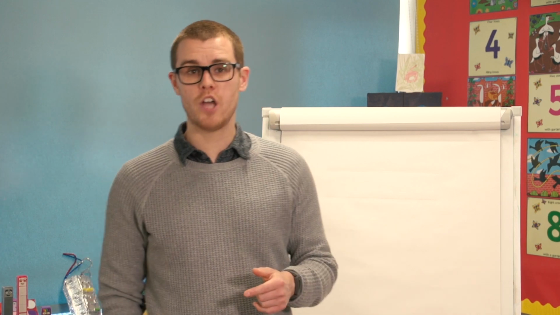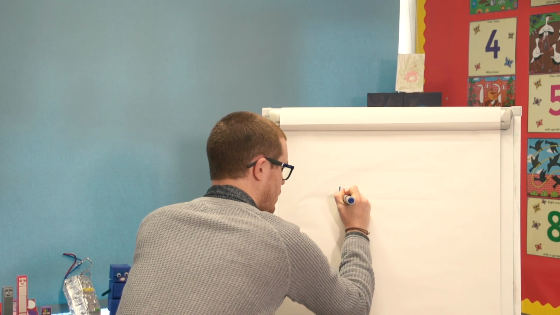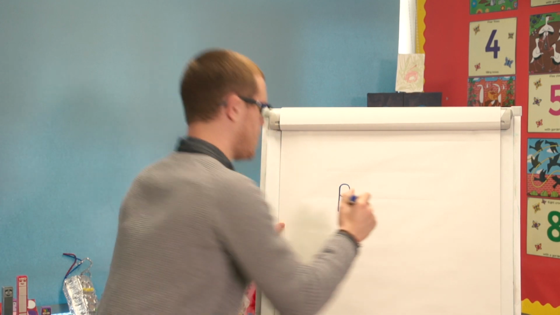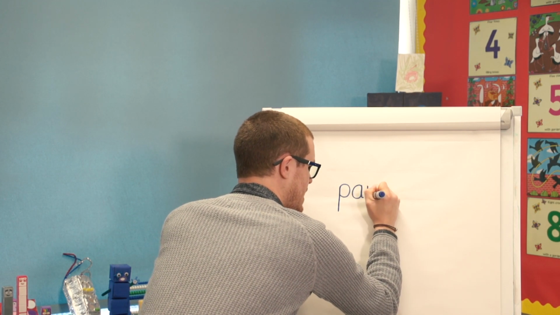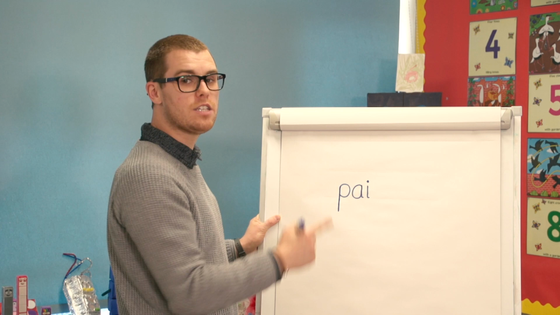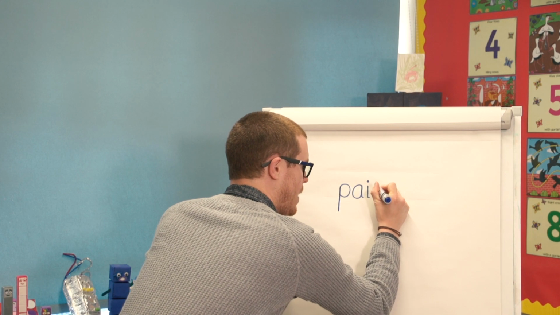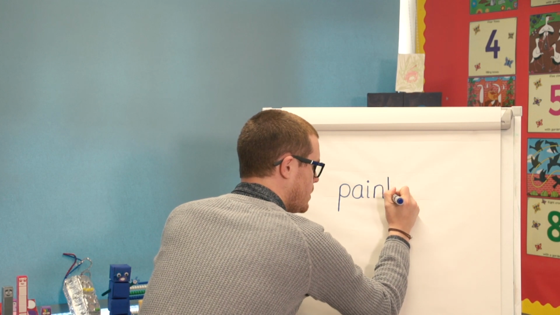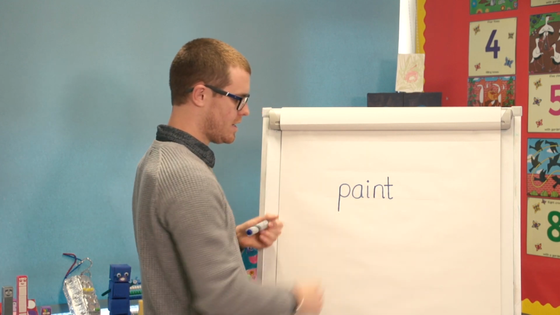I'm going to write the word paint. The first sound is P. The second sound is A. And because it is in the middle of the word, I need to use A and I. Then we have N, and at the end we have T. Paint.